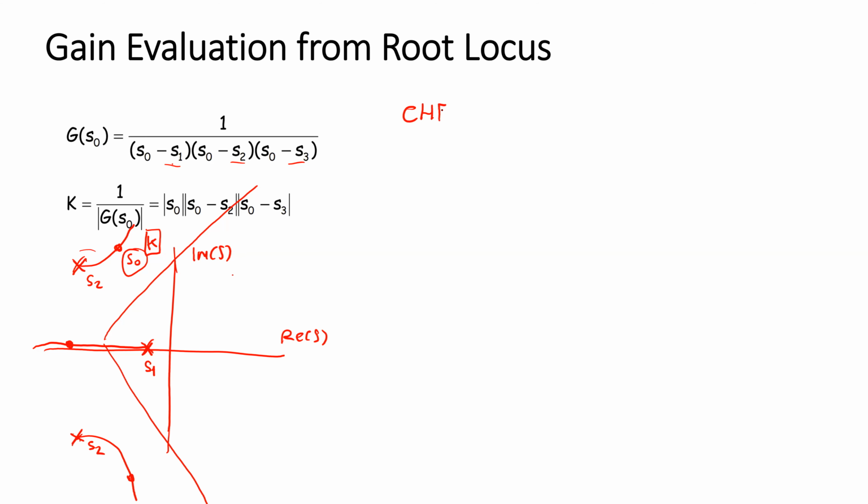We begin from the characteristic equation again. We know that we can rearrange it so the gain relates to minus 1 over G(s), where G(s) is the open loop transfer function.